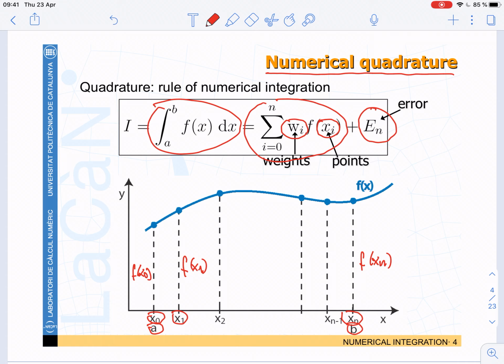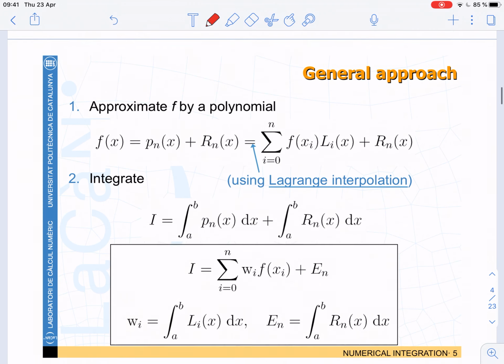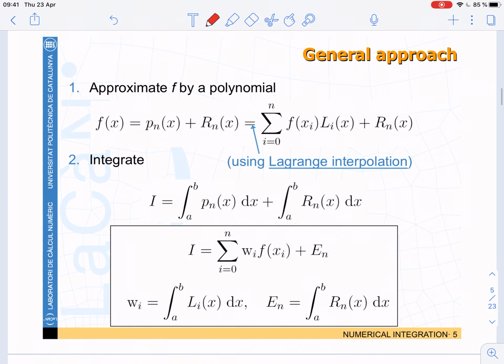Now, once we have selected the integration points, how can we obtain the weights and the expression of the error? We will use this general approach. It is very simple and yet powerful. Two phases. We will first approximate f by a polynomial, and then we will take the integral of the polynomial as an approximation to the integral of function f.